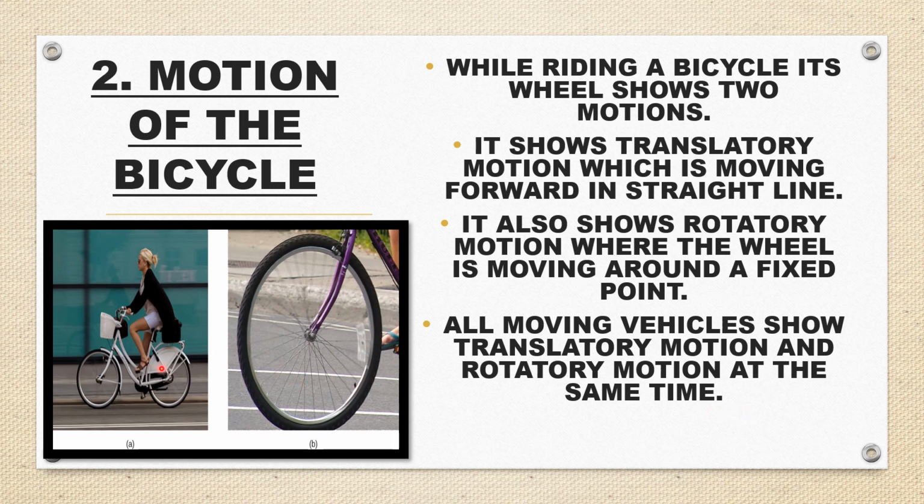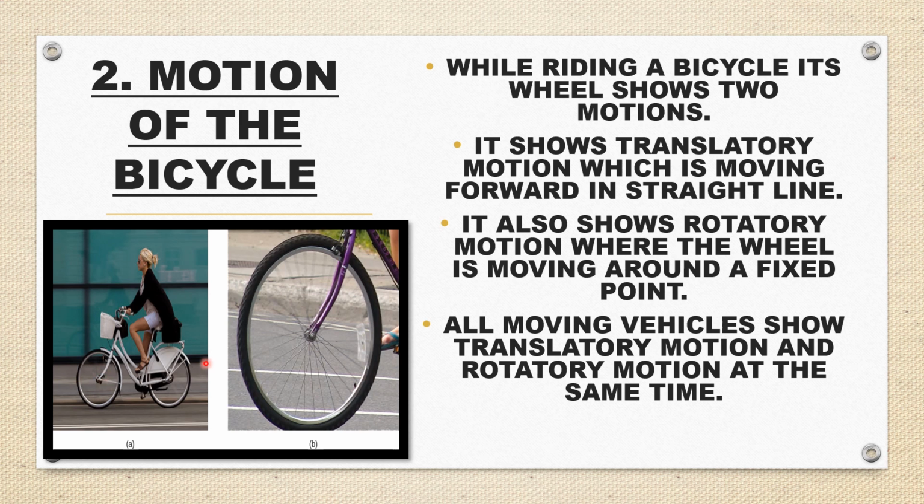If you look at it, when you're riding a bicycle, are you moving forward? Definitely you're moving forward, but there are two wheels attached to a bicycle. They are fixed at this particular juncture at the rims, and then they go around like this. It's going around a fixed point. That means it's rotating around this particular point.